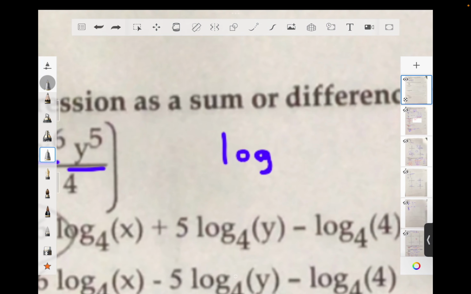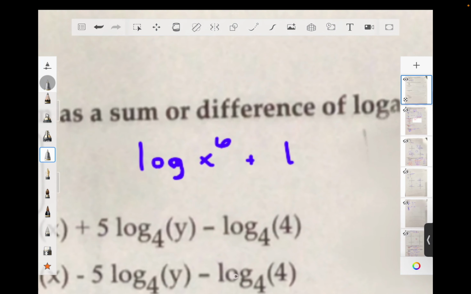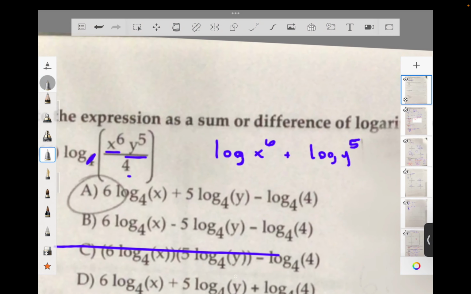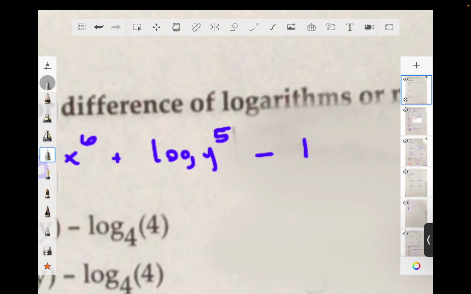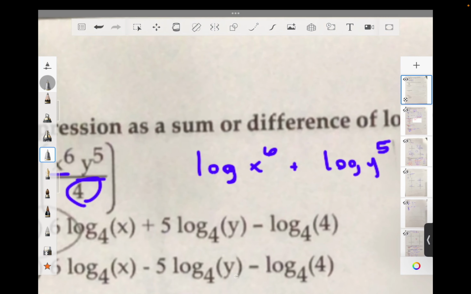So it's going to be log x to the 6th plus log y to the 5th. And then we could do this one. This one's dividing, so it has to be minus log 4. Right? And then remember, on the other rule, we could bring the exponent to the front.